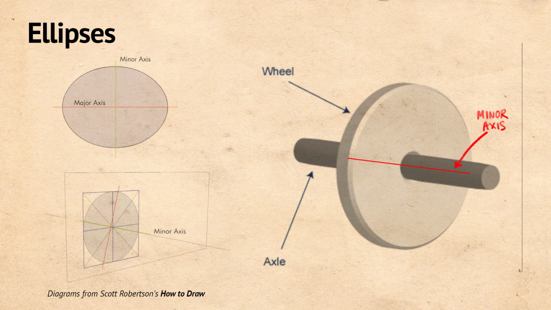This line, when you cut across the circle, should be a symmetrical line, meaning when you cut across this side and you fold the top side to the bottom side, the area should be the same. So when you are constructing an ellipse in perspective, the more important axis to take note of would be the minor axis. When you are drawing an ellipse in perspective, you can think of the minor axis as an axle in the wheel.